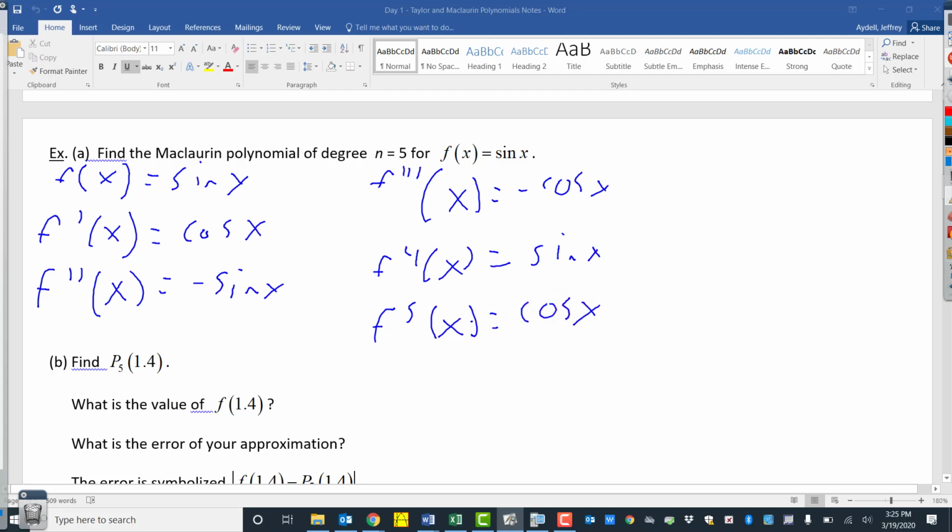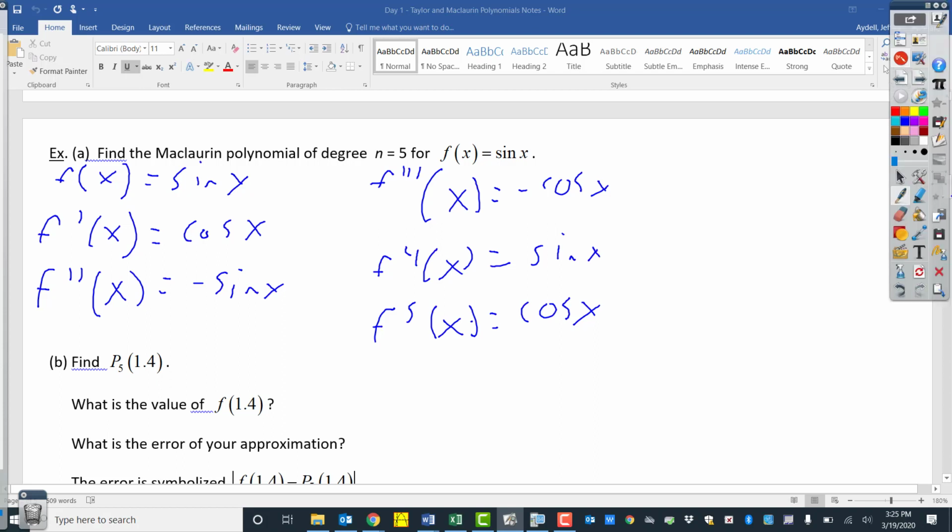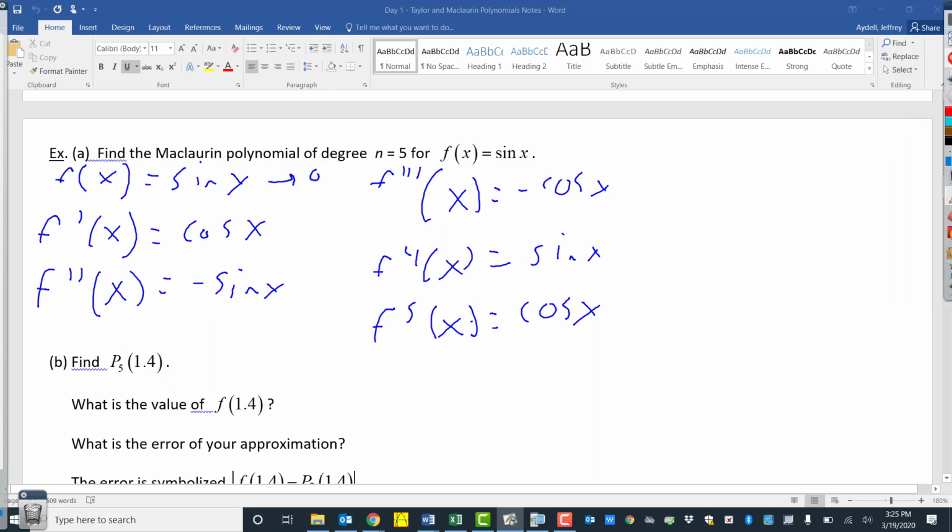But here's the beauty of these. If we notice, since we're centered at 0, that means we're doing f of 0, f prime of 0, and look what happens to all these that have sine in them. This one is 0, this one's 0, this one's 0, and all of the ones with cosine are just different variations on 1.